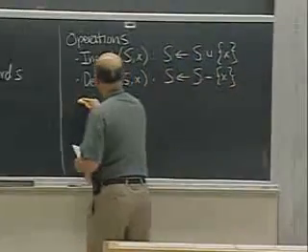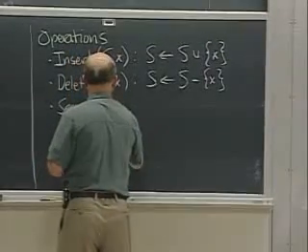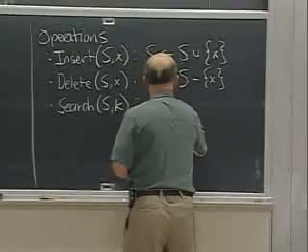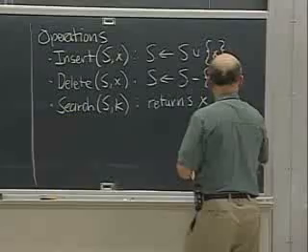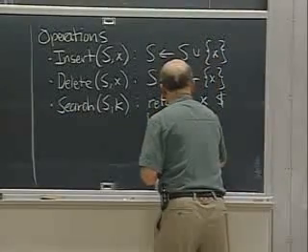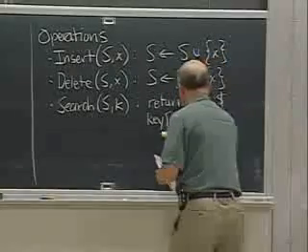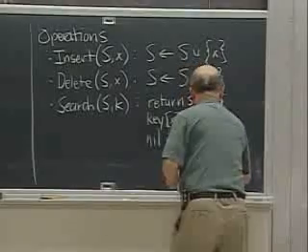And we want to be able to search for a given key. So this returns the value X such that key of X is equal to K, or it returns nil if there's no such X.